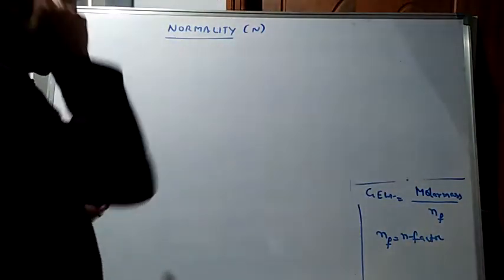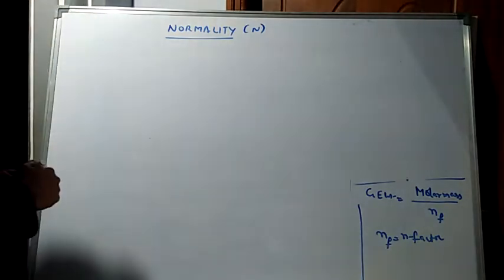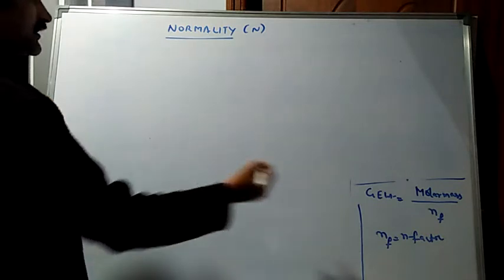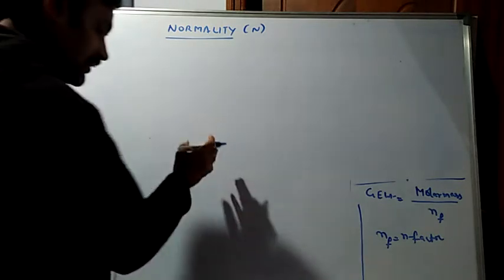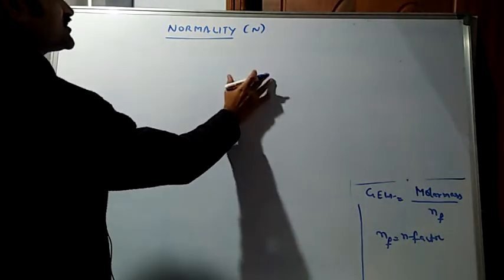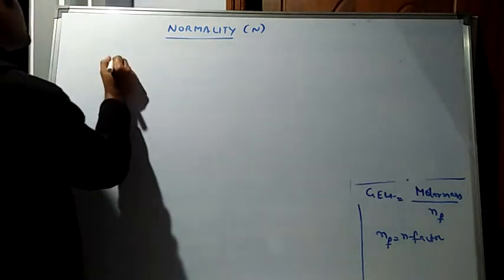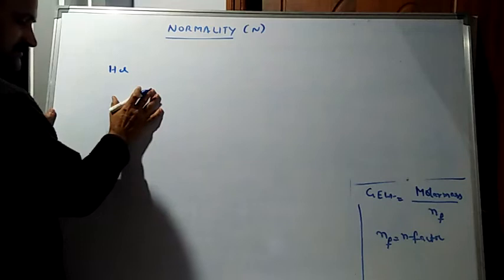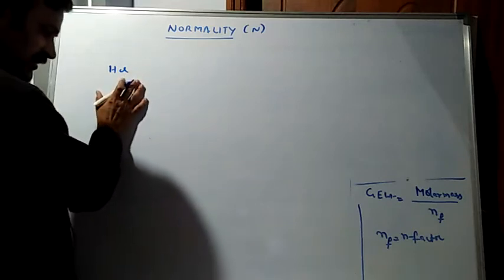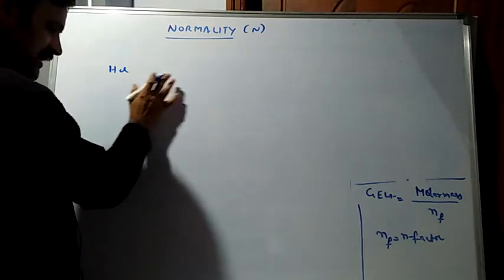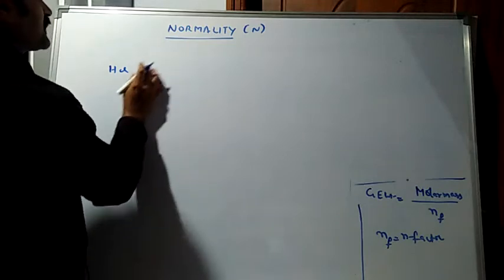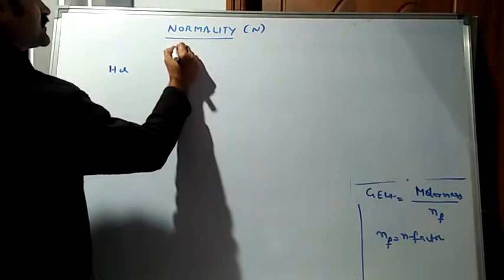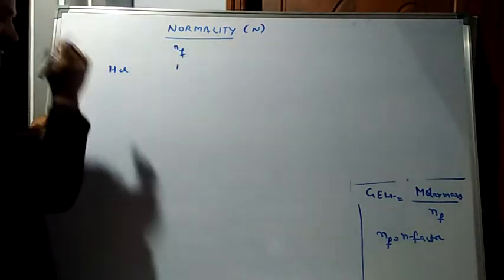Here I am going to give you some ideas about the n factor, or number of displaceable hydrogens in an acid. For acids I am taking some examples. Hydrochloric acid: the number of displaceable hydrogens is 1 only, that is what I can call the n factor.